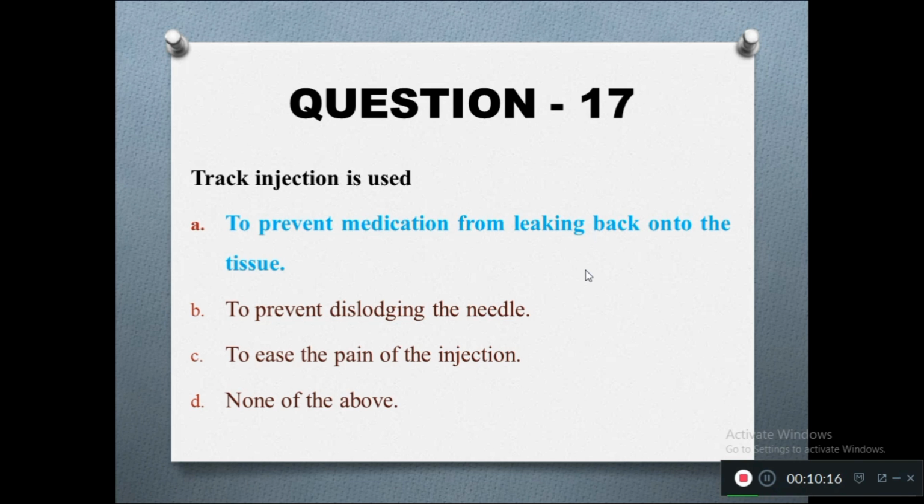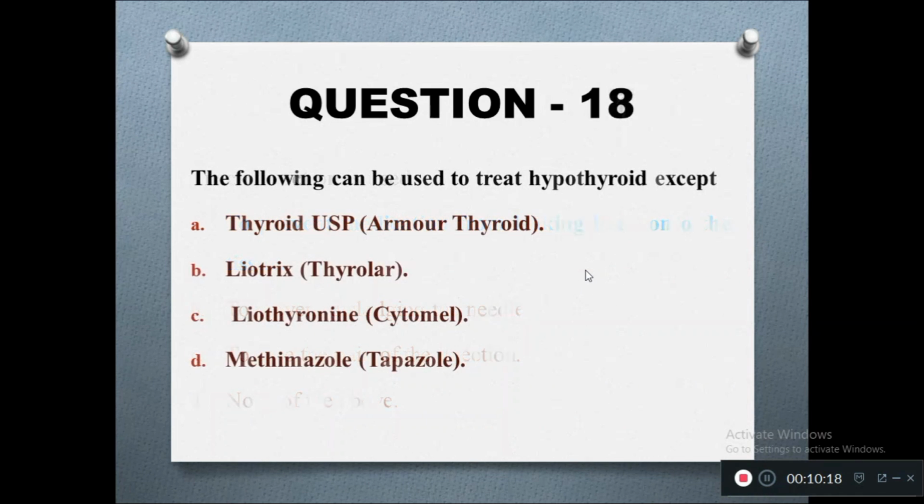Question number 18. The following can be used to treat hypothyroidism except, so which drug cannot be used to treat hypothyroidism? Option A, thyroid USP, also known as Armour Thyroid; Liotrix, known as Thyrolar; levothyroxine, commonly known as Synthroid; and methimazole.